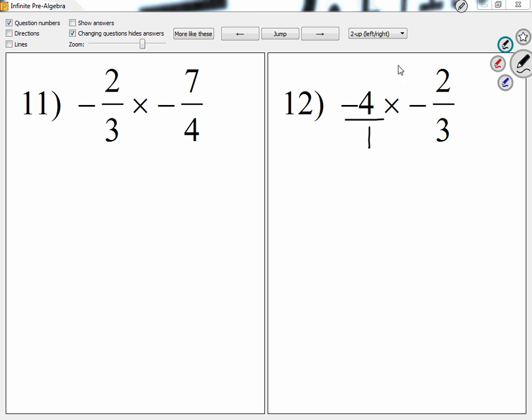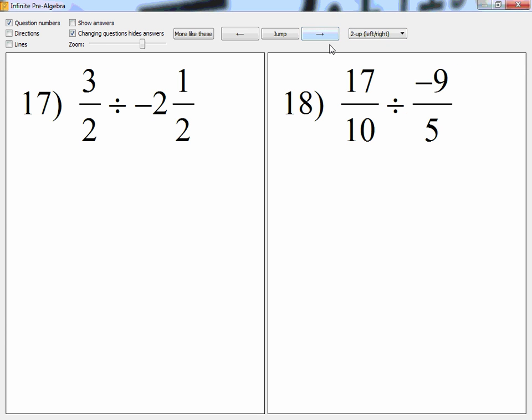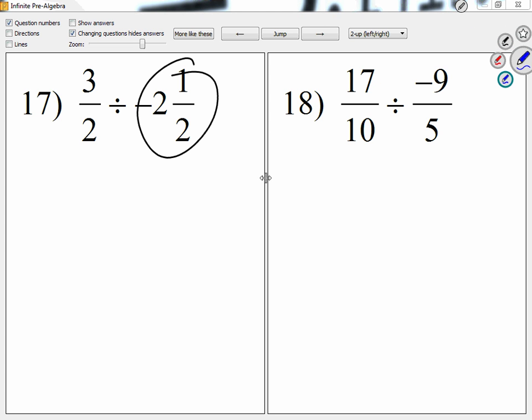All right, let's take a look at the back. Looking at number 17, first of all, no mixed numbers. I do see that we have a mixed number, so we've got to change those to improper. The first fraction is 3 over 2. That is already improper. And I have this divided by negative 5 over 2.